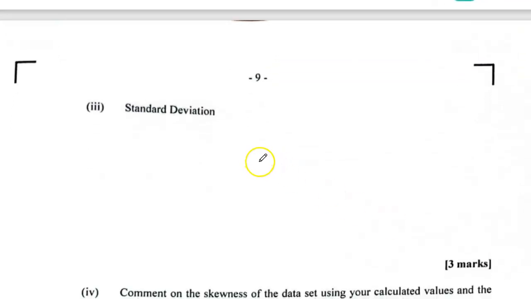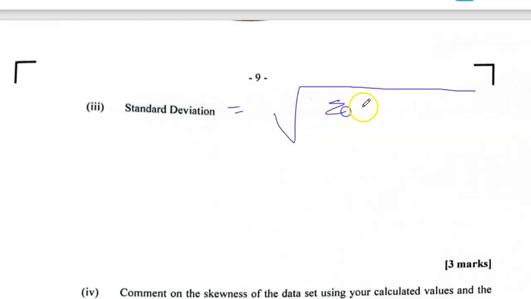Standard deviation. Let's calculate the standard deviation. So I need to extend my table. So remember the formula for standard deviation is the square root of the summation of frequency times x minus x bar squared over n minus 1. And of course we know n is 26.